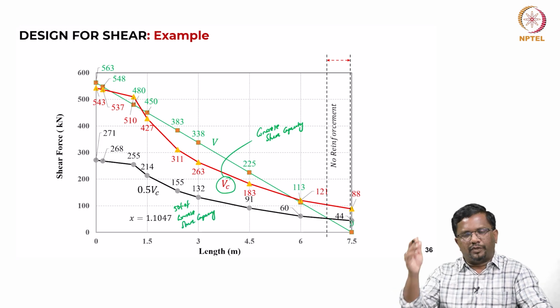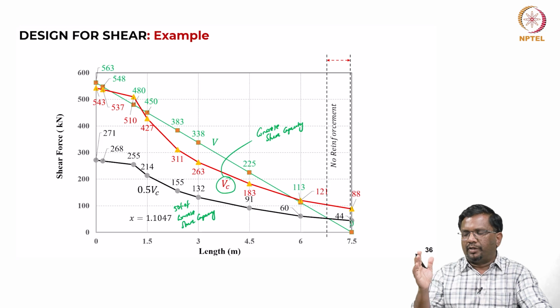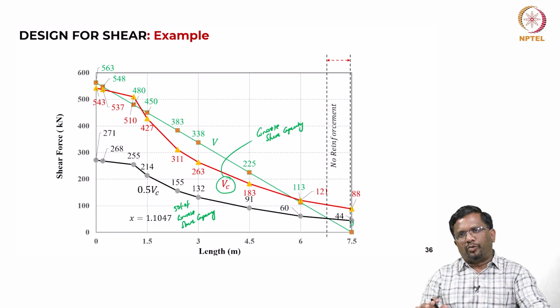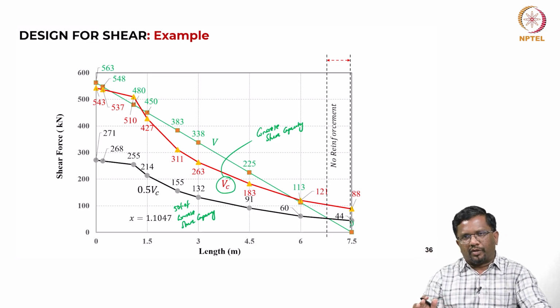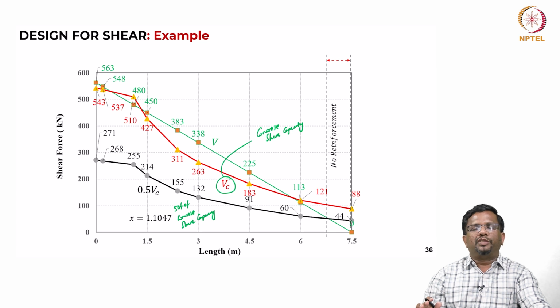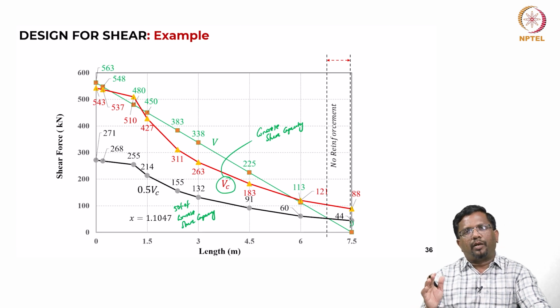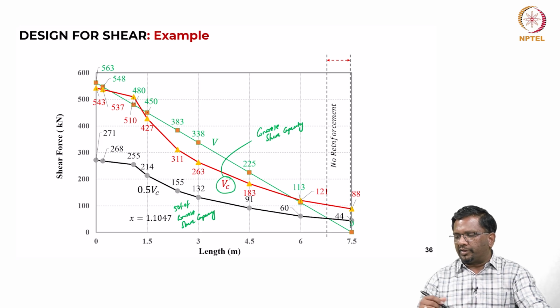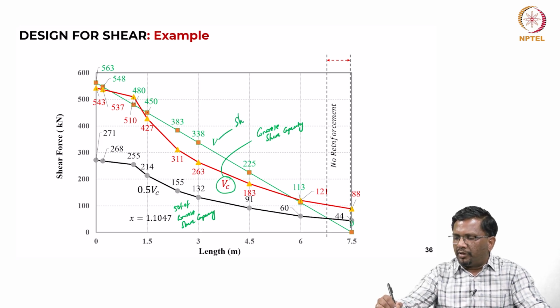The reason, you see, is that when the demand becomes more than 50% of concrete capacity, we need to put a minimum shear reinforcement in those regions. That is the reason we are doing this 50% of the concrete shear capacity, and this is your shear demand.